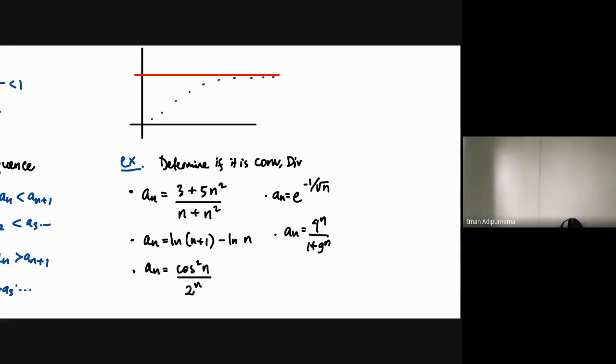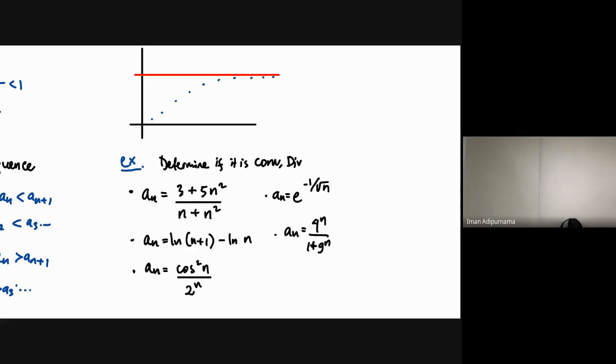When you have E with the power of -1 over square root of n, and you take the limit, because we only evaluate the n above, we can move the limit up there.